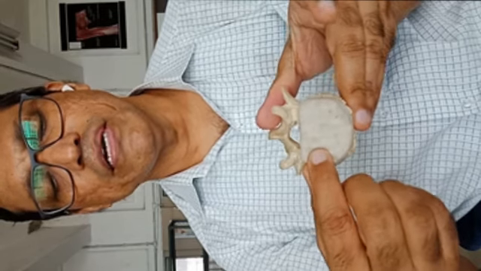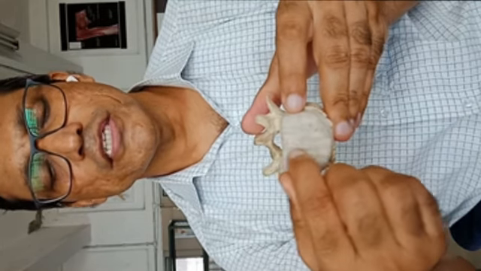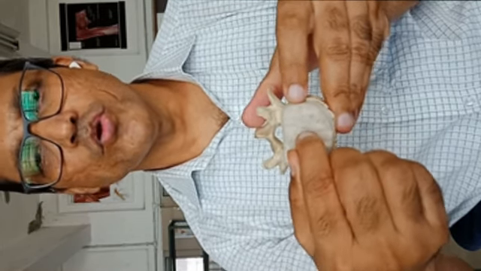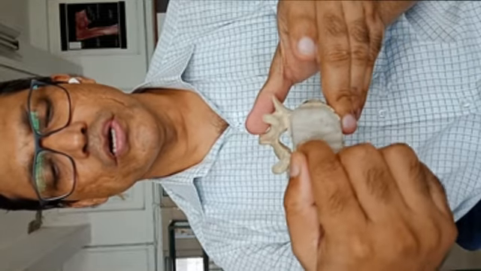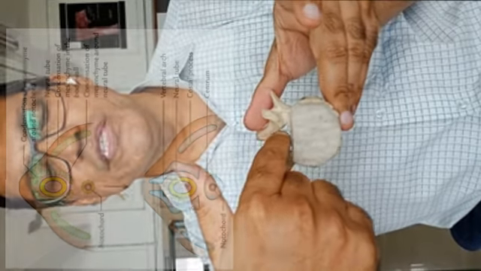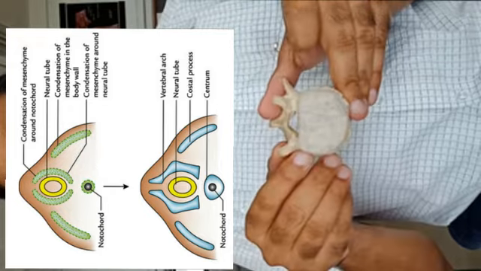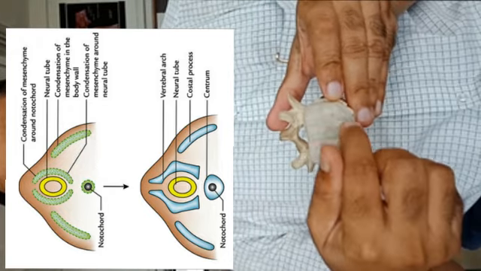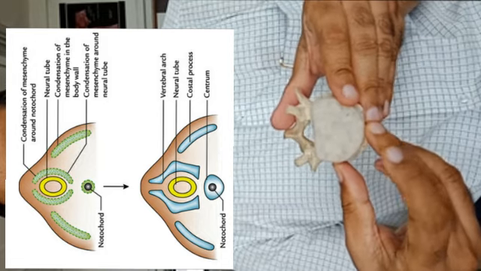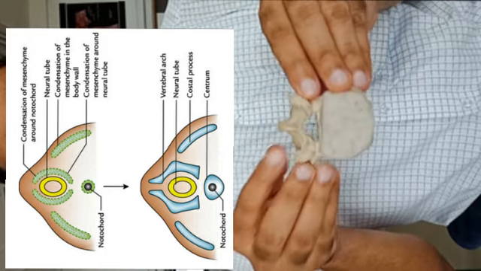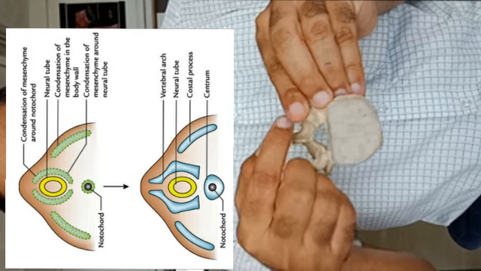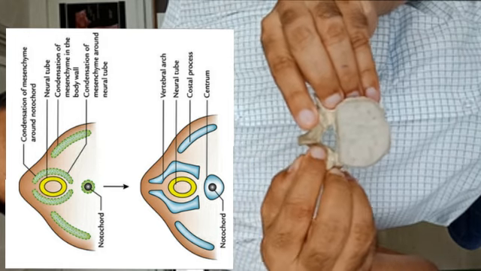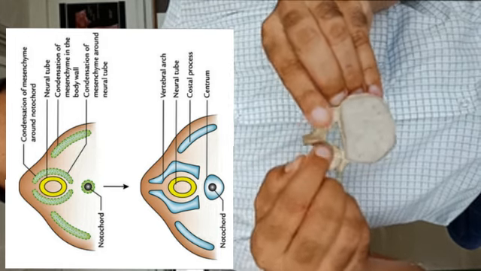If this is the intervertebral disc, you have already studied the nucleus pulposus, which is the remnant of the notochord. You can imagine the notochord here and the neural tube here, because the spinal cord is here. From the sclerotome, the mesenchyme cells condense around the notochord, forming the centrum, and mesenchyme cells also migrate around the neural tube, forming the right and left neural arches.